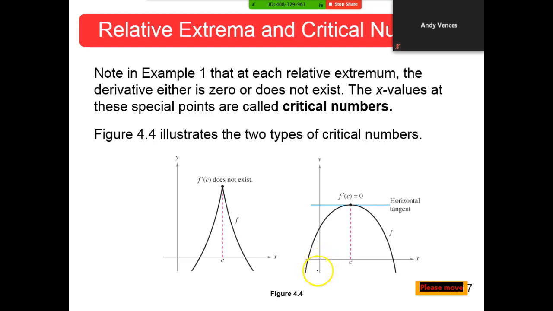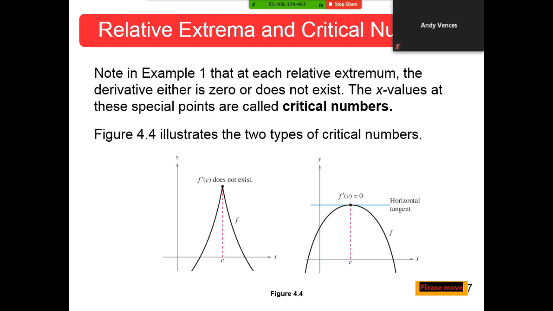On the second one here, the B, I guess you would call it, this has a horizontal tangent line, meaning the first derivative is 0. We're going to get to this later, but I just wanted to point it out now. Just because the first derivative doesn't exist or is 0, that doesn't guarantee that you're going to have an extremum, but you still consider those, at least for right now, your critical numbers.